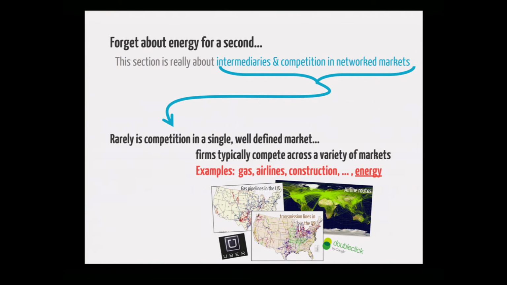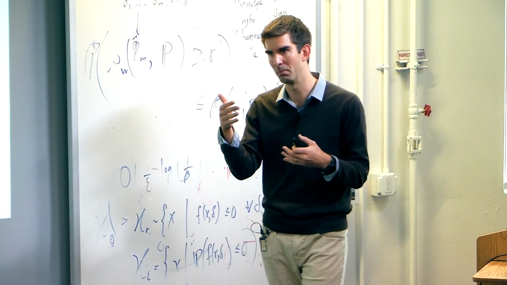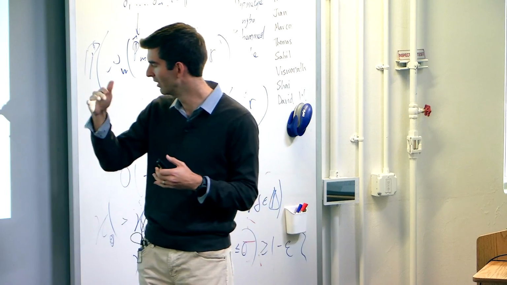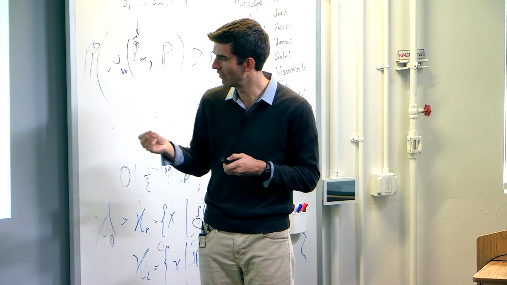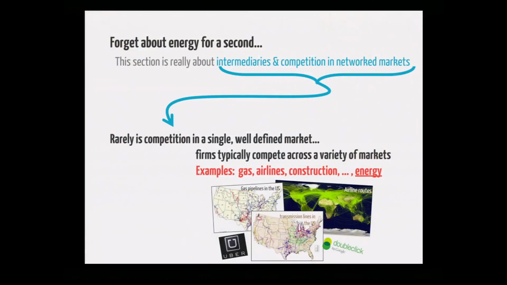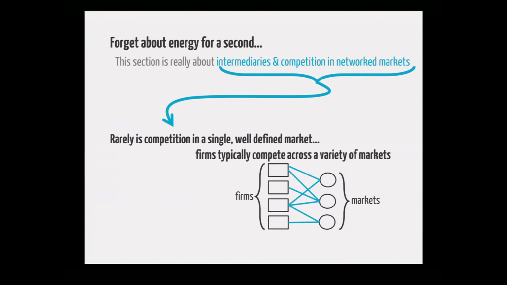You can think of platforms in general: Uber, Airbnb, DoubleClick, ad auctions, ad exchanges. All of these are, again, networked competition. There are sub-markets for different types of users in ad auctions, and these sub-markets interact. Firms are deciding which ones to compete in and how to divide up their allocations across these. The exchanges are really fundamental to how these things work, and we don't understand them very well.